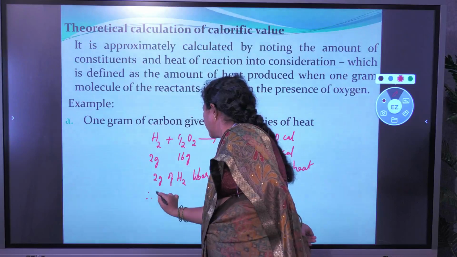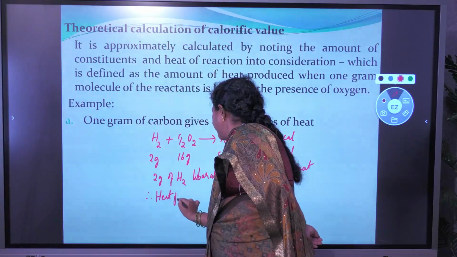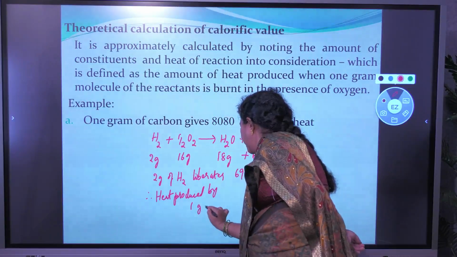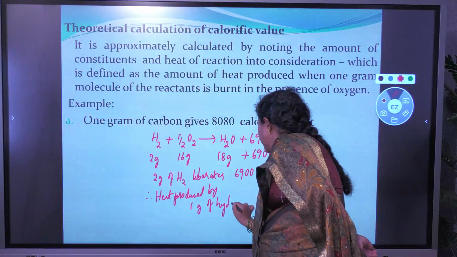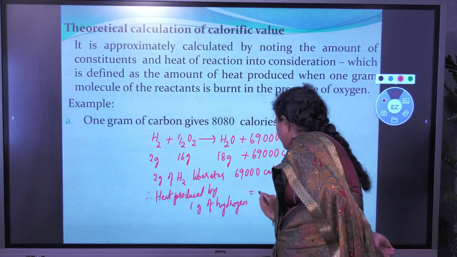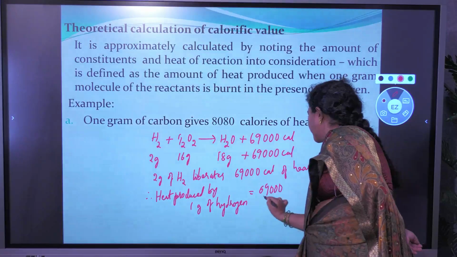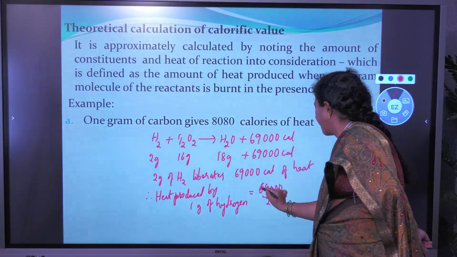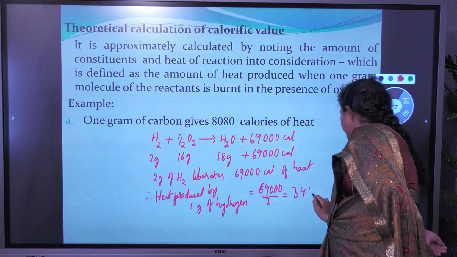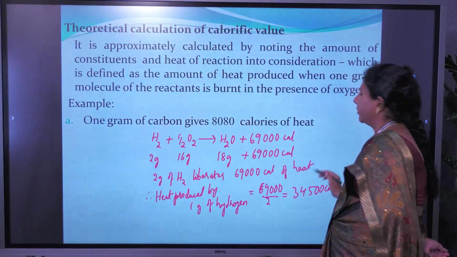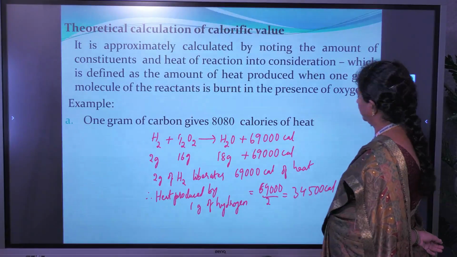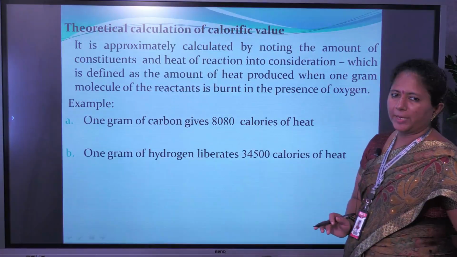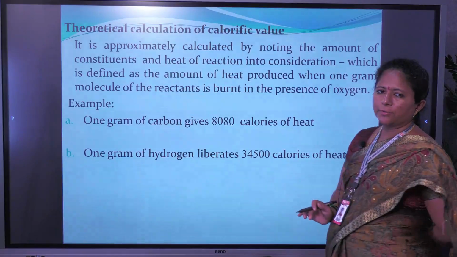Therefore, heat produced or liberated by 1 gram of hydrogen will be equal to 69,000 by 2 is equal to 34,500 calories of heat. So 1 gram of hydrogen liberates 34,500 calories of heat.